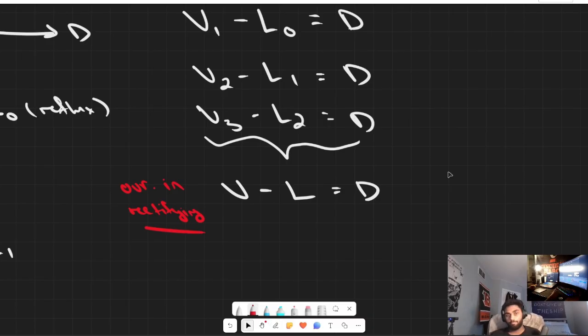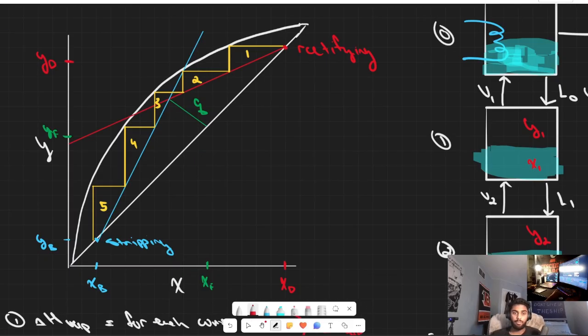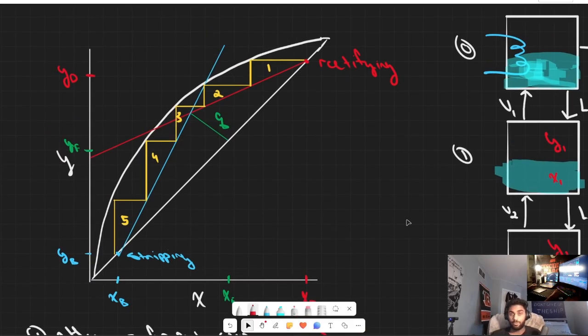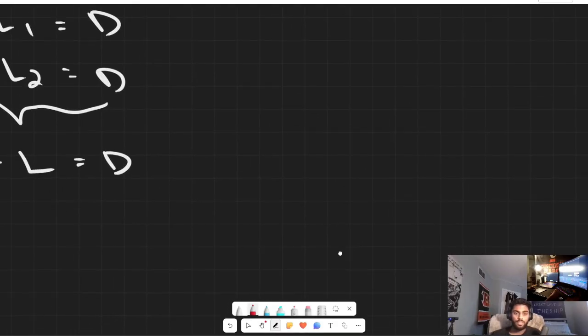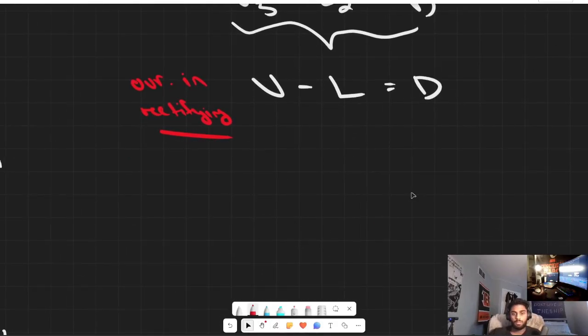But remember that our McCabe-Thiele diagram is dealing with our less volatile component. So what could we say for that? Well, we could say that our vapor times our vapor mole fraction minus our liquid times our liquid mole fraction is equal to our distillate times our distillate liquid mole fraction.